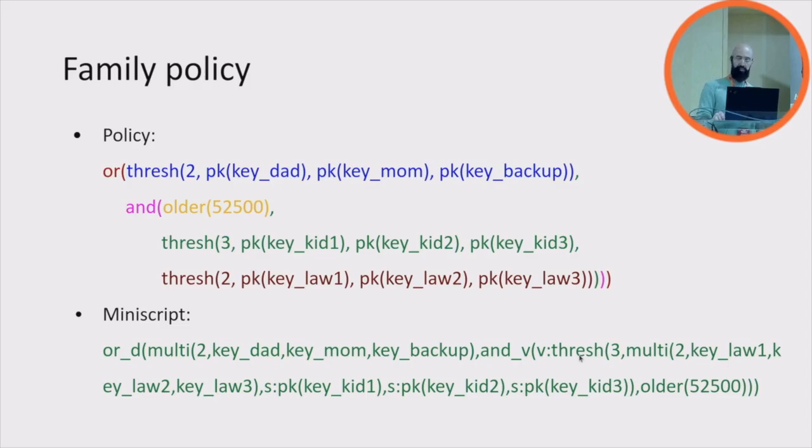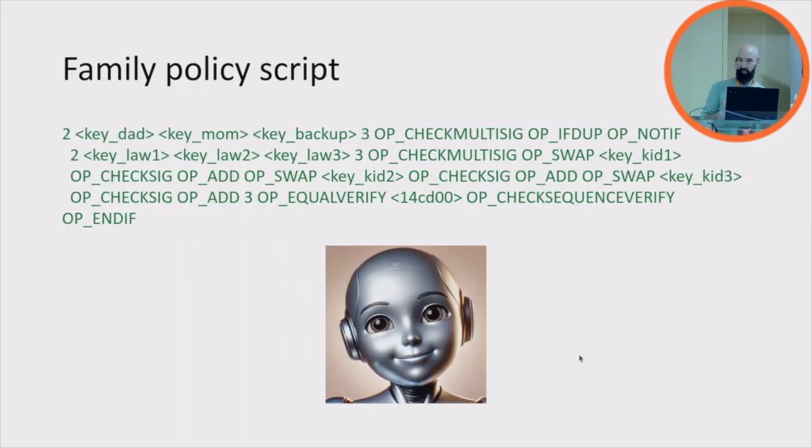So the script output is something like that. This is the family policy script. It's not so simple, and it's really hard to write this and make sure that it will be satisfied without malleability and stuff like that, and also to create the most efficient script available.